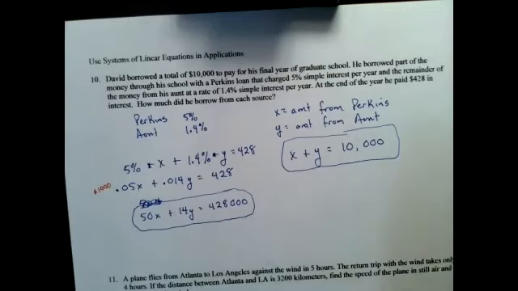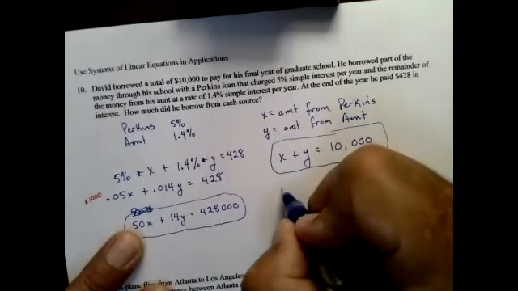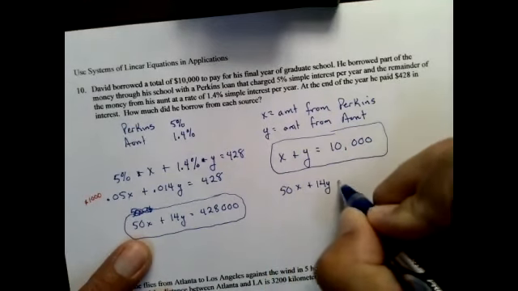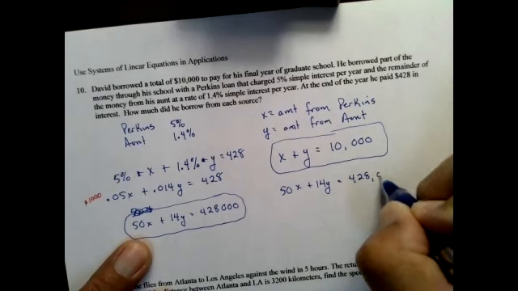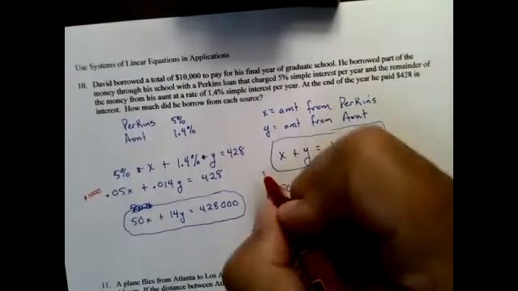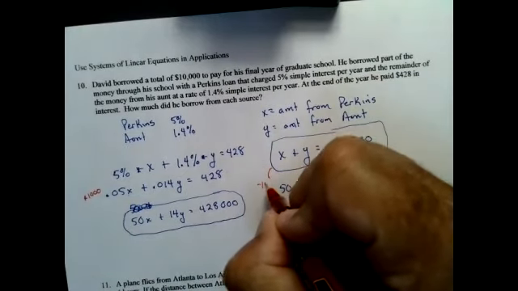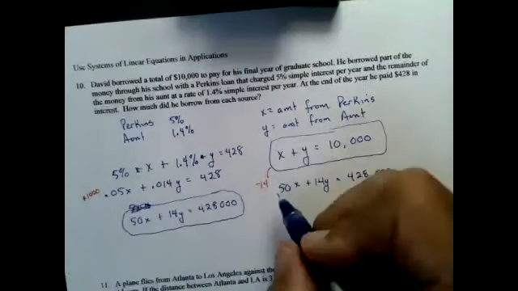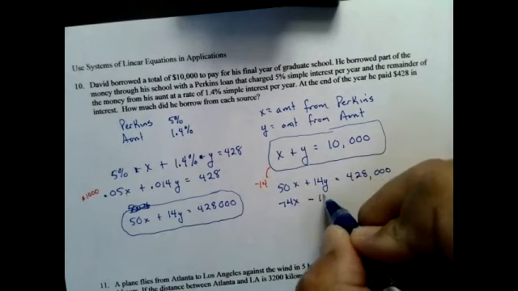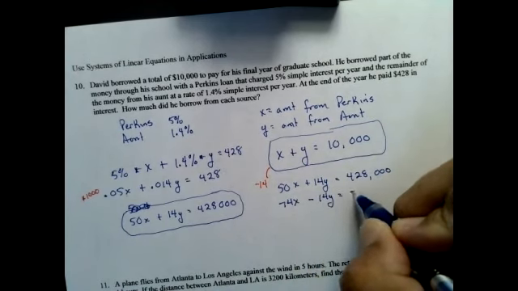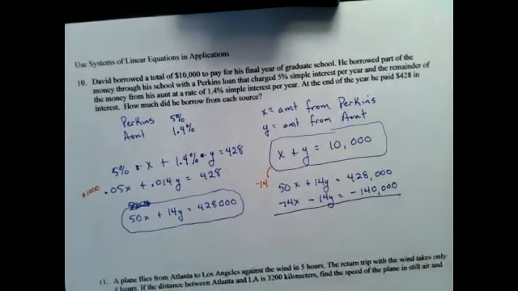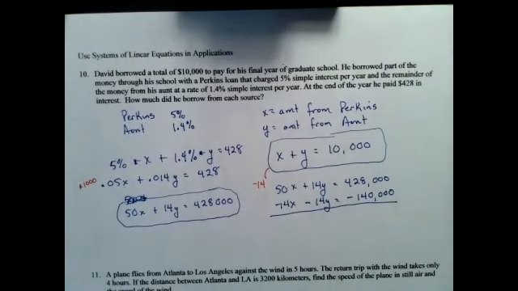All right, so here's what I'm going to do. I'm going to take this line, 50x plus 14y equals 428,000. I'm going to take this row and multiply by negative 14. So now I get negative 14x minus 14y equals negative 140,000. I'm going to do elimination by addition.